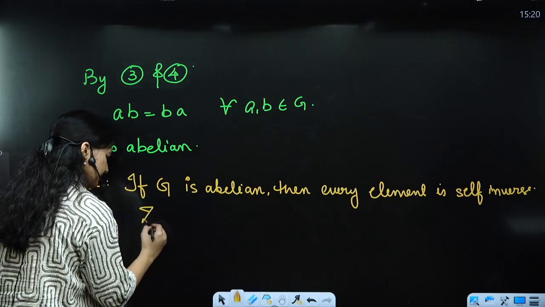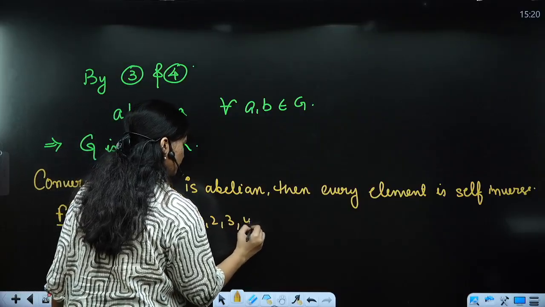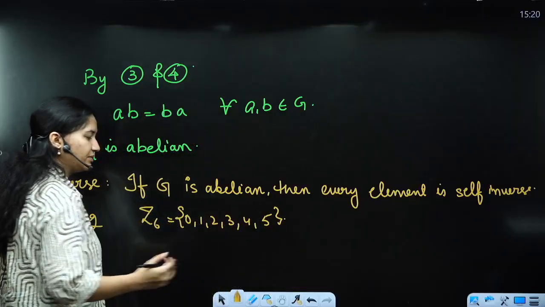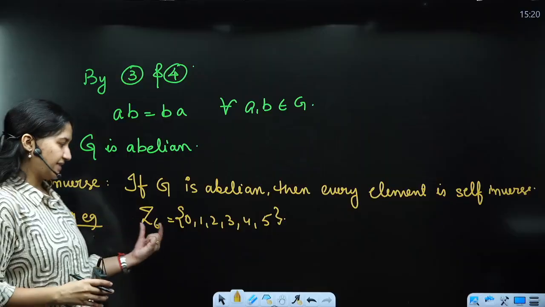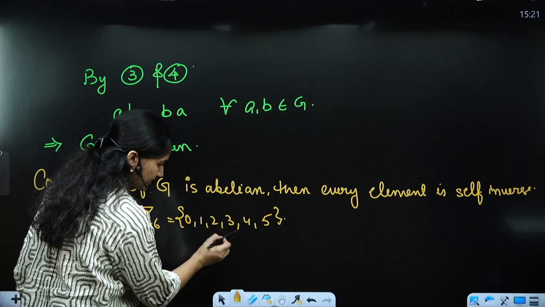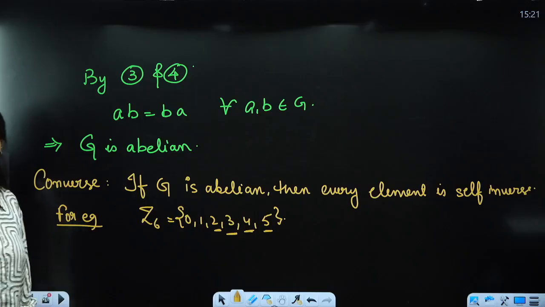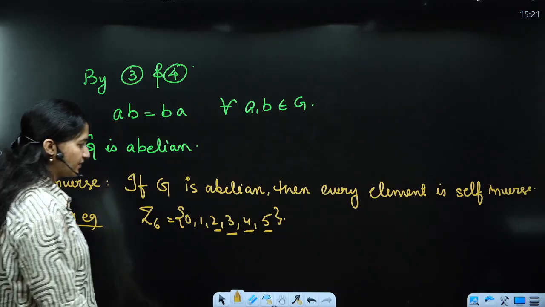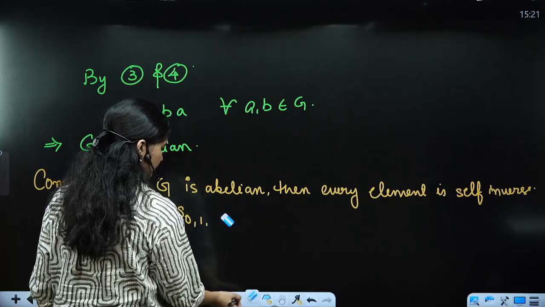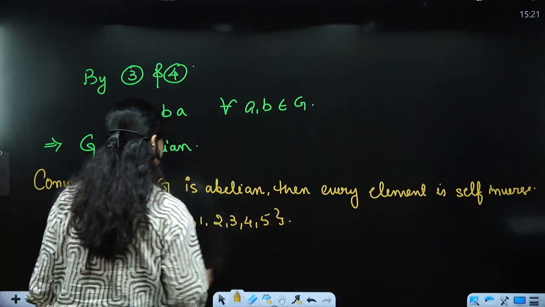Let's take Z6: 0, 1, 2, 3, 4 and 5, right? You have 6 elements. Z6 is an abelian group, right? But you can see that there are elements of order other than 2 here as well, right? So that is why we can say that we have an example which negates the converse of this theorem.